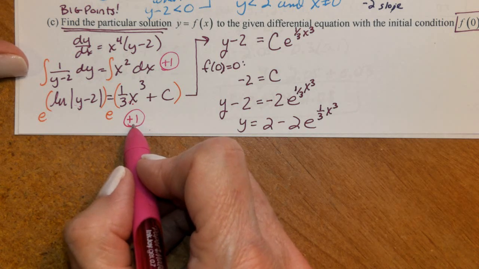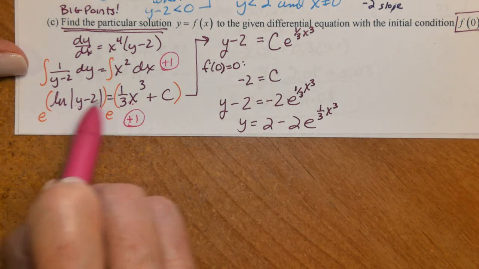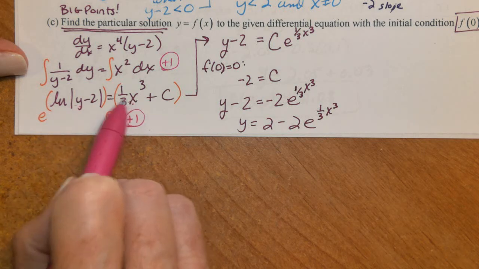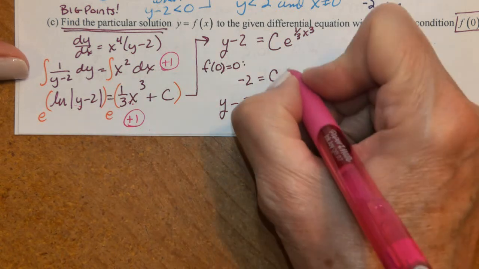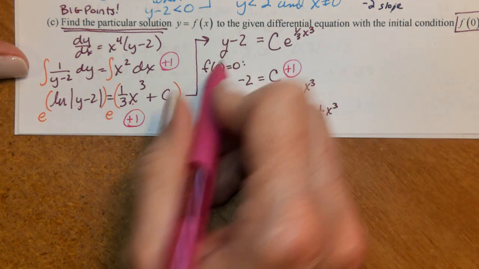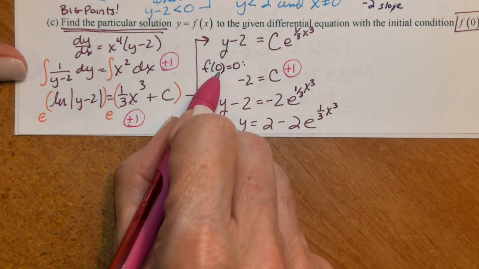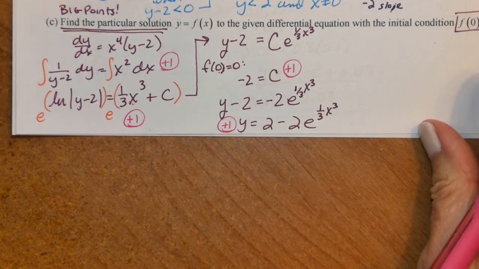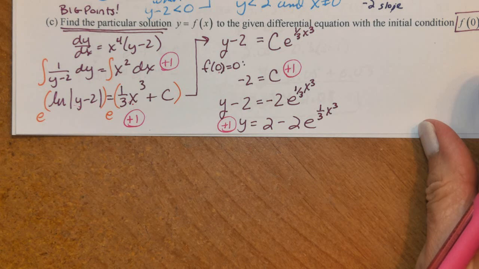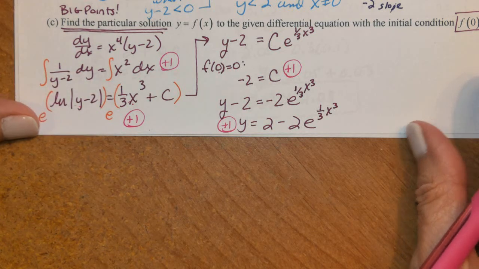Sometimes on AP, they give 1 point for each antiderivative. The next point is for finding c using your initial condition. And then the last point is solving for y. At least 4 points, maybe 5, depending on the problem.